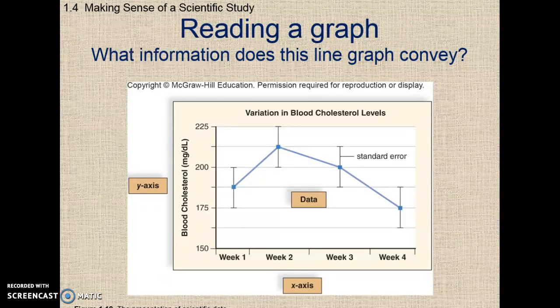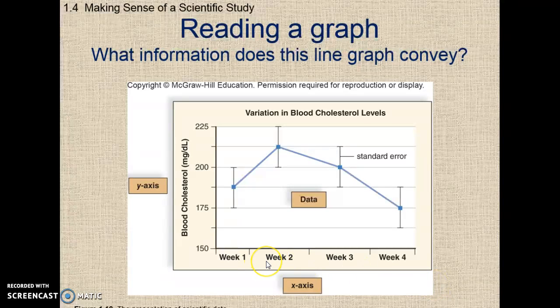So you should be able to read a graph. Blood cholesterol over time: how do your blood cholesterol levels change? What information does this graph line convey? In week 1, a person had a value of blood cholesterol somewhere around 187, and that's going to be on the y-axis. This number is the y-axis.